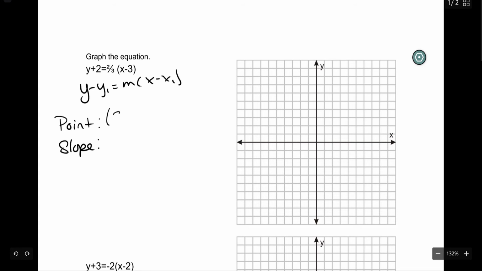So this would be 3, negative 2 and a slope of 2/3. We're going to go to 3, negative 2 and plot a point and count our slope with it. So up 1, 2, and 1, 2, 3 to the right, or you could go down 2 and 3 to the left and plot a point. Remember to have a straight line using a straight edge. If you need more points on there, go ahead and draw more points. It should go all the way across your graph with arrows at both ends.